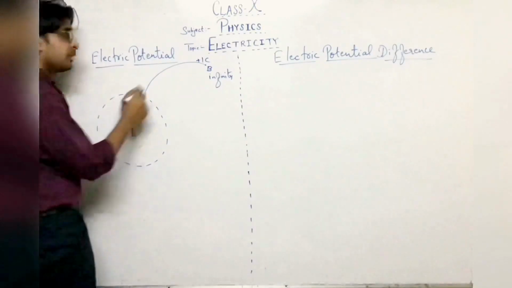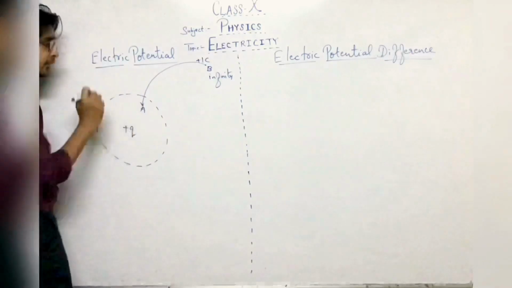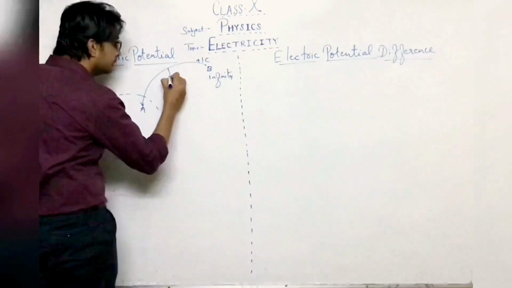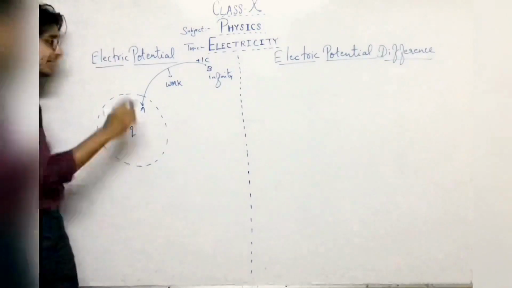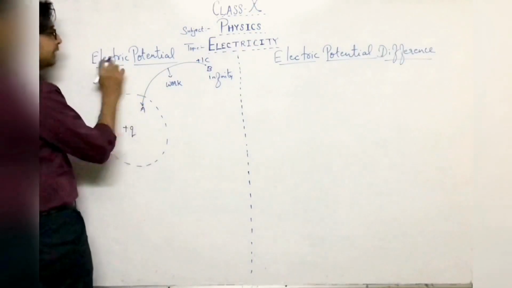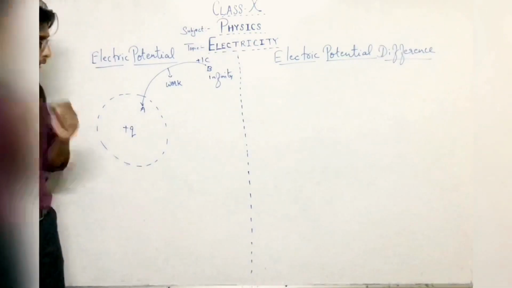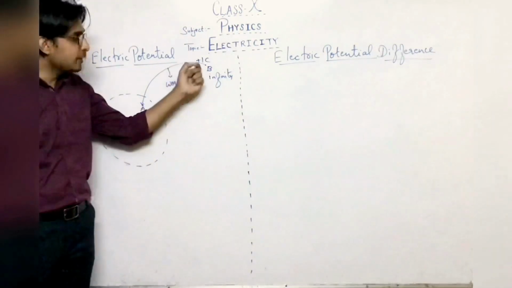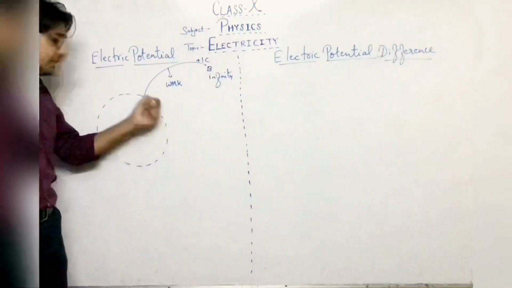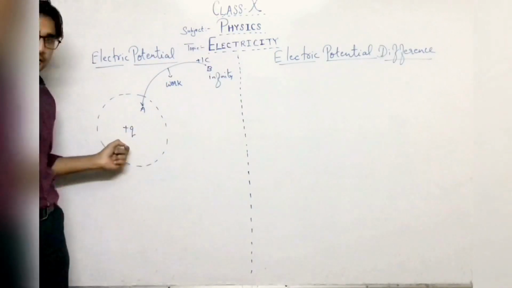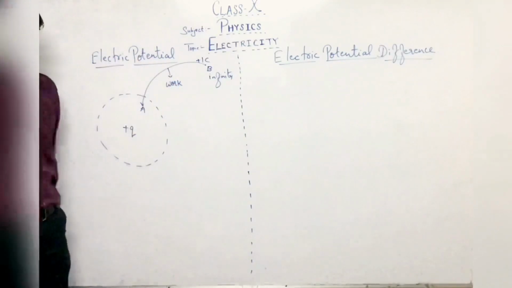Now, when we bring a unit positive charge plus 1 coulomb from B point to A, we have to do some work. That work is equal to electric potential. Now you understood? Now, we have to bring that plus 1 coulomb from infinity to point A, which is inside the electric field of that charge. That work done is equal to electric potential.